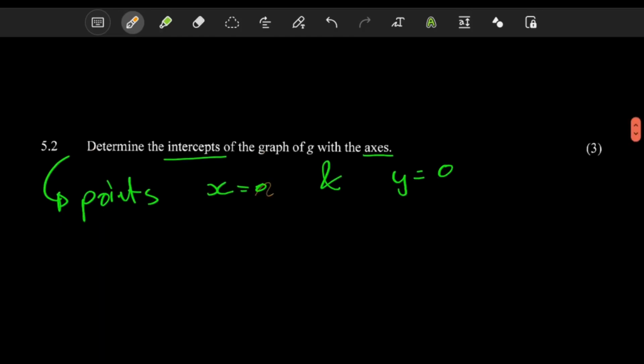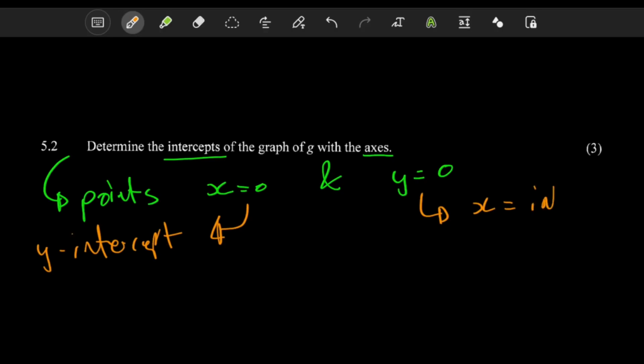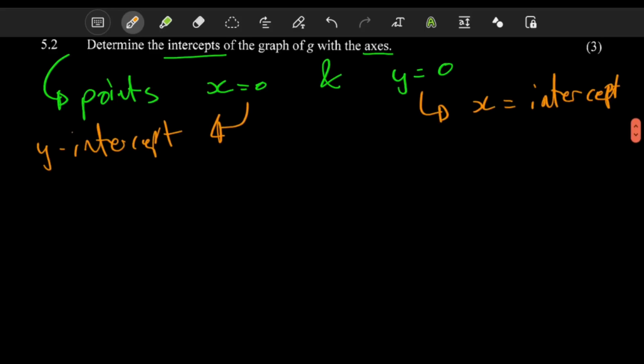Your y-intercept is always where x is 0, and where y is 0 gives you the x-intercept. It's just a rule of thumb.